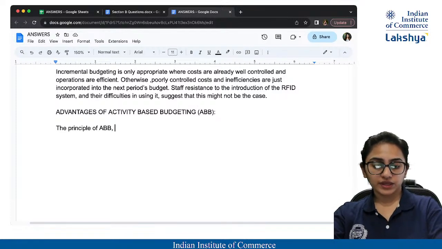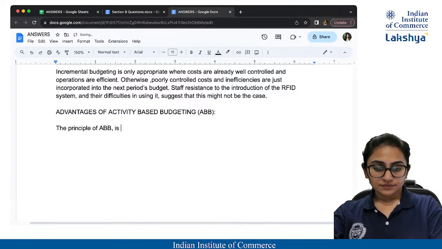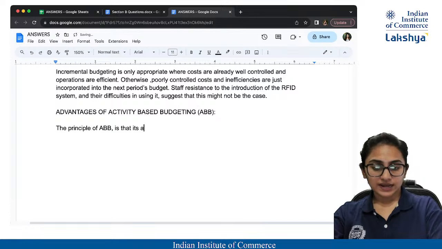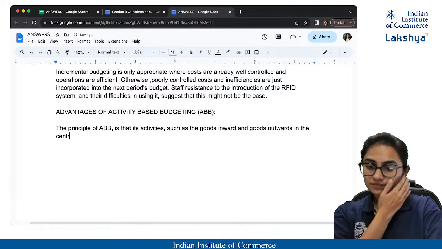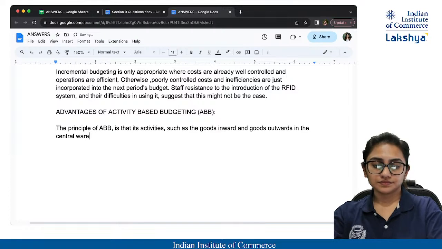So the principle of ABB is that its activities, such as the goods inward and goods outward in the central warehouse, drive cost.